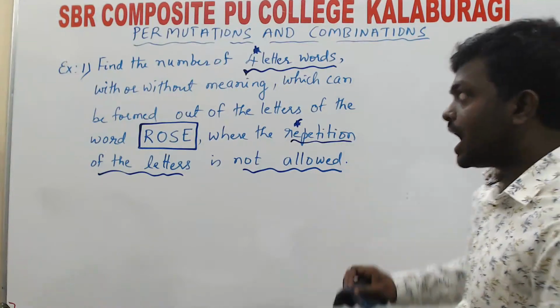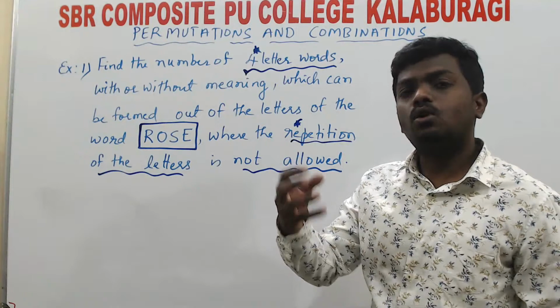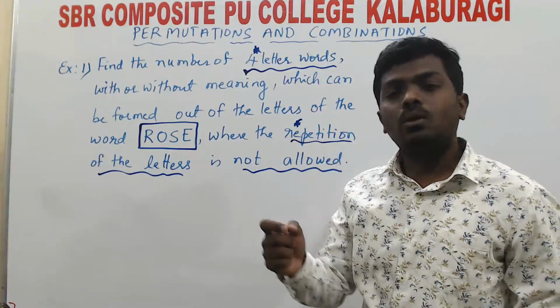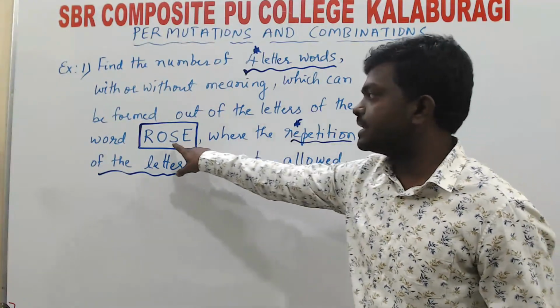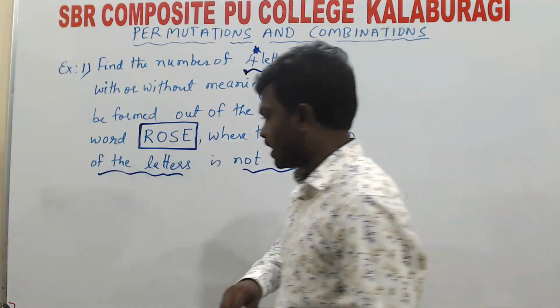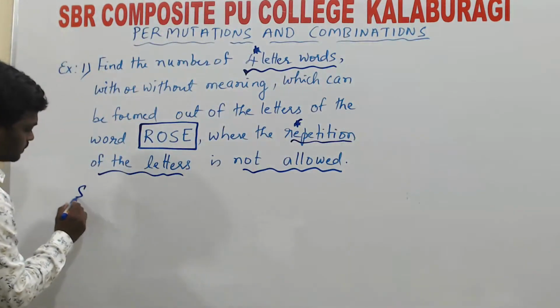I hope you have understood now what they mean by forming a four-letter word out of the letters of the word ROSE. So now, solution.